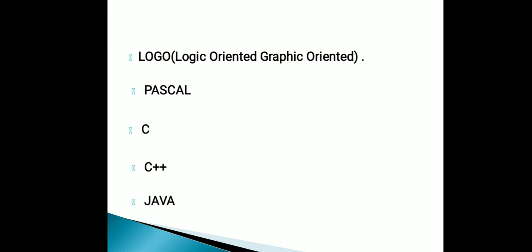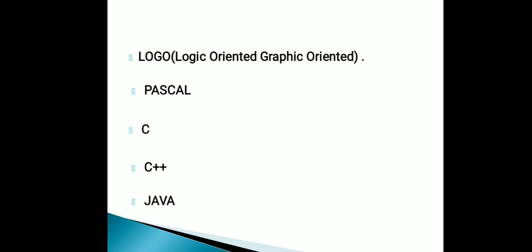So adding new data and functions is easy in the object oriented case. Okay, so object oriented programming is based on the real world. C++, Java, Python, C# are examples of object oriented programming. Understood? Hope you understood the difference between procedural programming and object oriented programming.